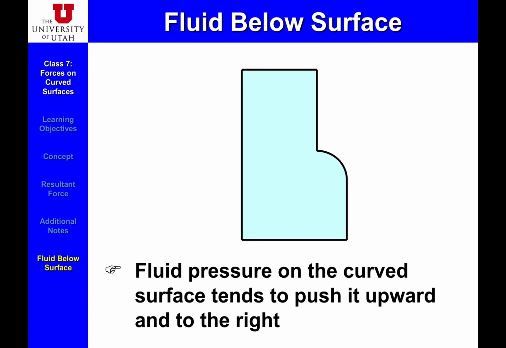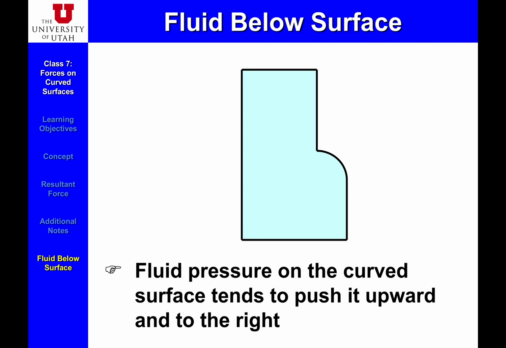So when we look at this, we know that the fluid pressure tends to push it upward and to the right. And then we're going to have the force of the curved surface acting down on the fluid itself. So we have the equal and opposite forces acting there.